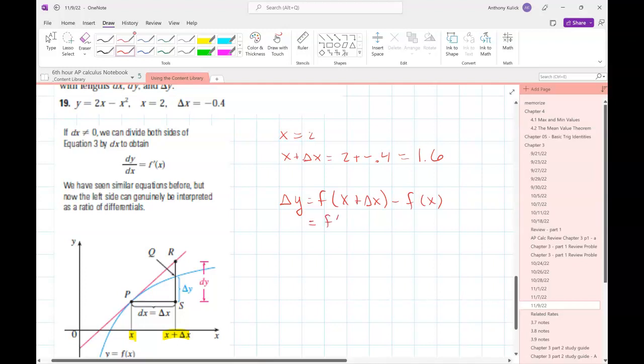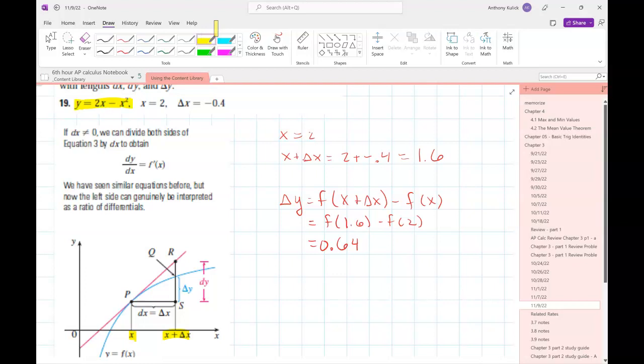So that's like f of 1.6 minus f of 2. And when I plug that all in, I get 0.64. I'm just plugging those in here, right? That's my f of x.